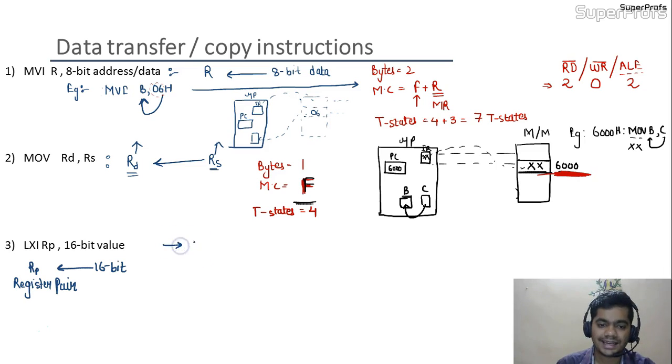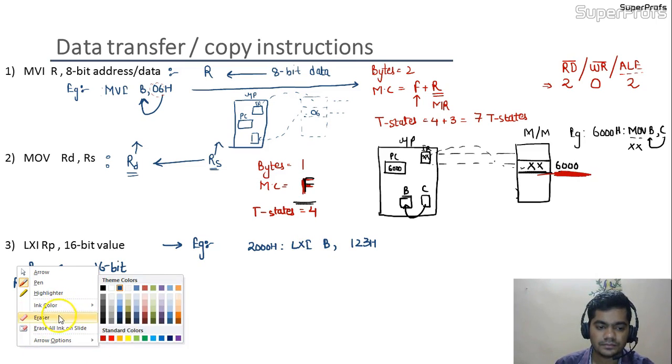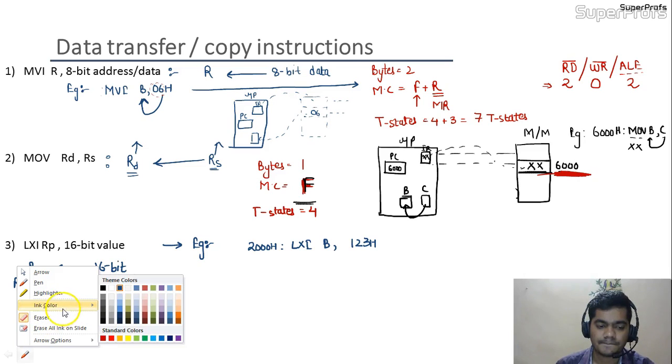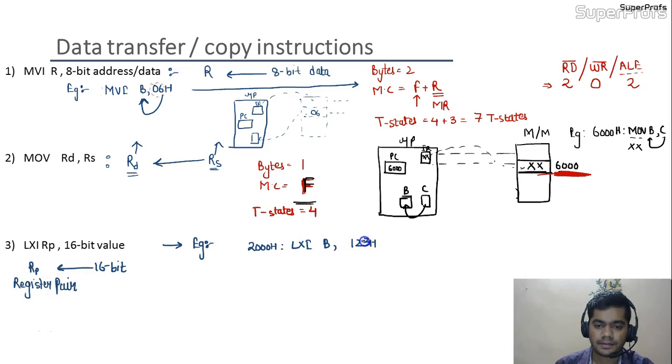To take an example so that it is clear how we get the bytes, machine cycles and T states, suppose it is stored at the 2000H memory address: LXI B, 1234H. This is the memory address in which this is performed.